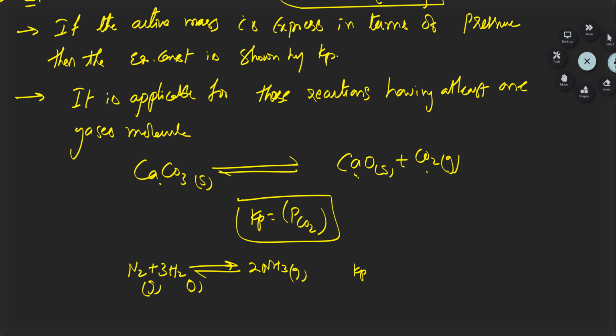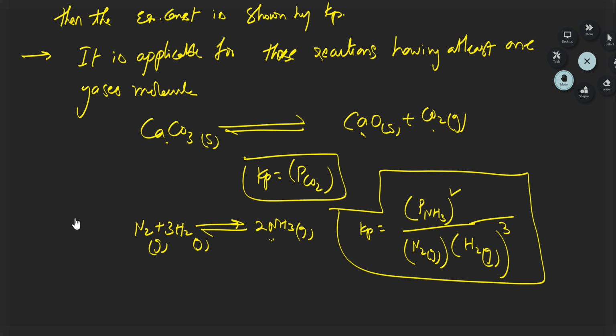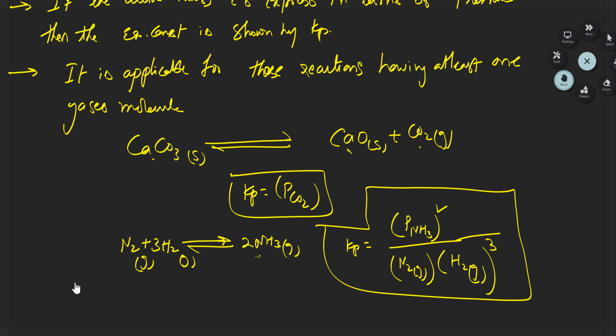Then Kp is equal to pressure of NH3 squared by N2 gas into H2 gas whole cube. So that is the equilibrium constant Kp in terms of pressure. Completed.